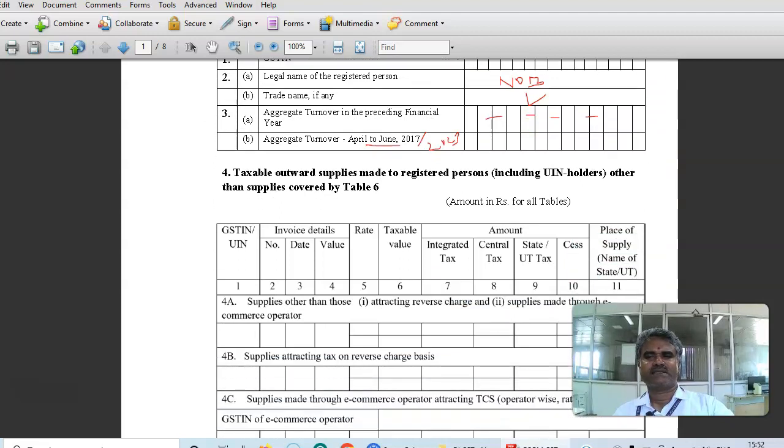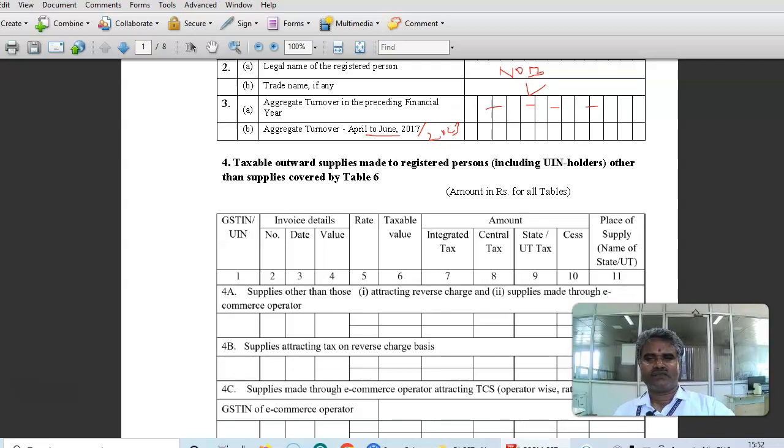Then taxable outward supplies made to registered persons, including UIN holders, unique identity number holders, other than supplies covered by table 6, will follow later. So you see, details of outward supplies: who are all buying goods from you, you have to enter the details of them.